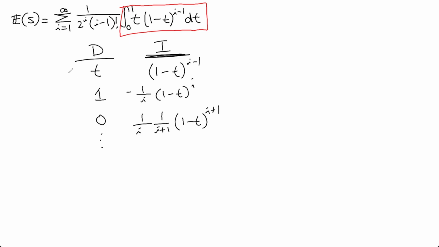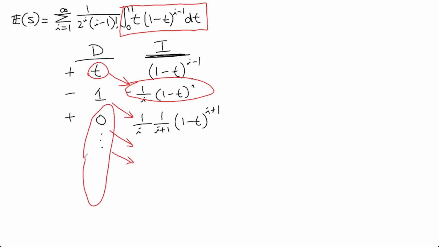And the way that tabular integration works is that you come up with an alternating series of products where I take these two terms, multiply them, and I add, take the next two terms, multiply them, and subtract, and so on. And since all of these terms I'm circling are zeros, I have a finite sum. I just have two terms in my sum.